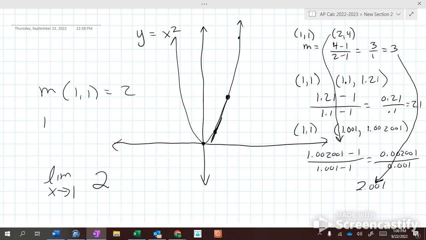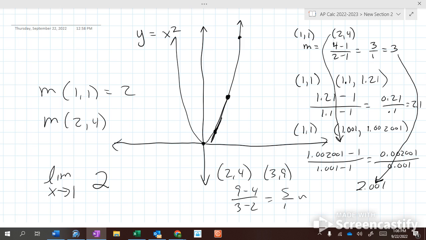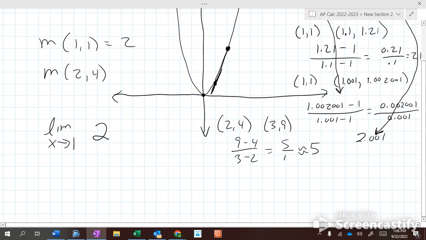Okay, let's find the slope at the point (2, 4). From (2, 4), I can go up to (3, 9) and find the slope. 9 minus 4 over 3 minus 2 is 5 over 1, so the slope is somewhere around 5. But we found last time that it wasn't really that close.